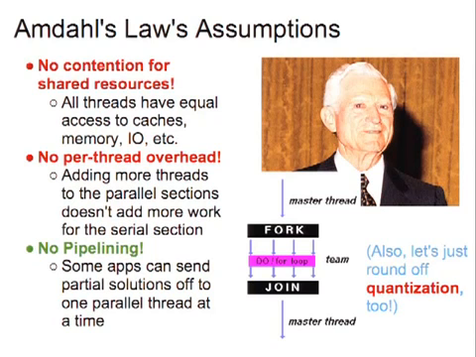And finally, here we catch a break. Amdahl's law says, let's also assume nothing's being pipelined. So what this is saying is that we're assuming that the serializable stuff all has to run at once, and then the stuff that can be run in parallel can be run. So Amdahl's law works really well for this diagram that we saw earlier. This was kind of the model that in the late 60s was being discussed. We've got some serial parts, the master thread, forked into a whole bunch of parallelizable stuff.